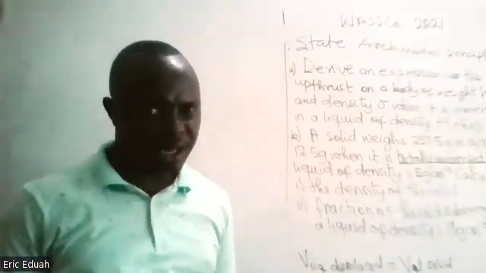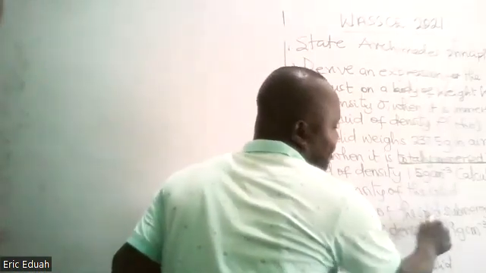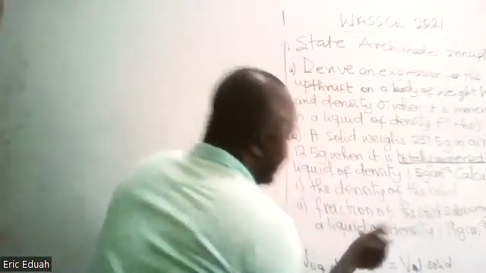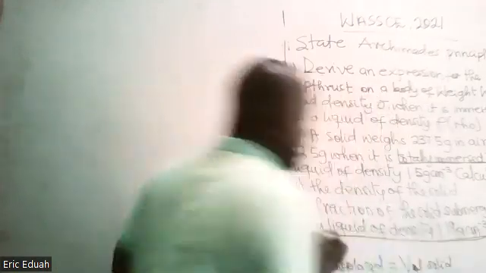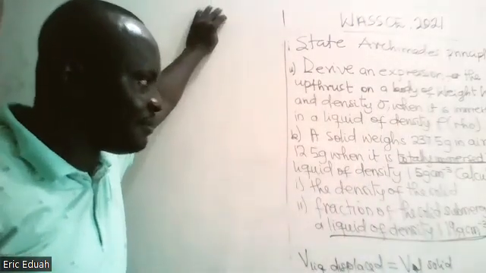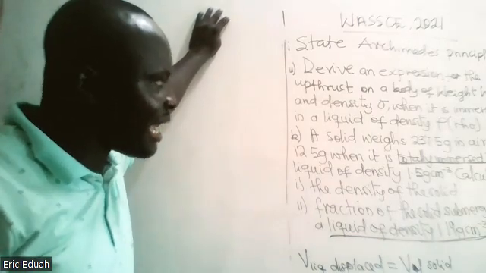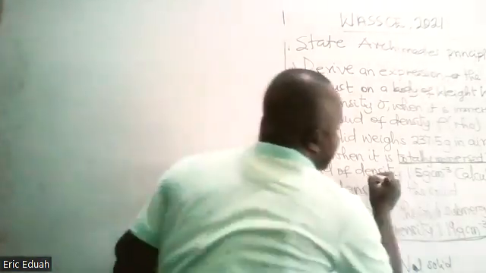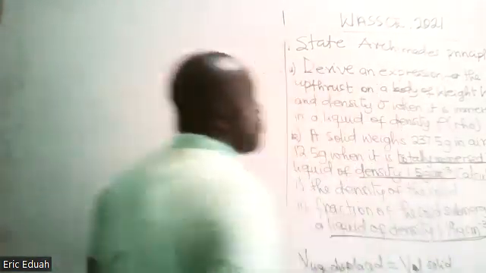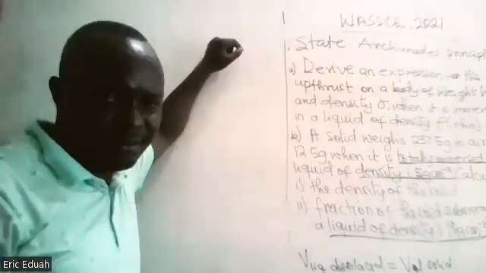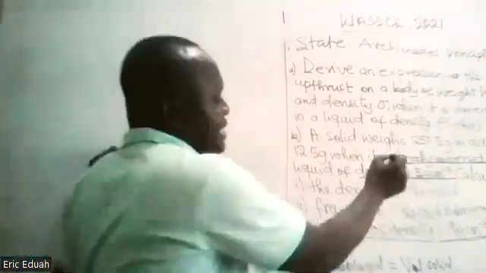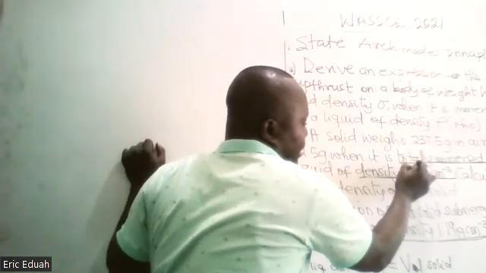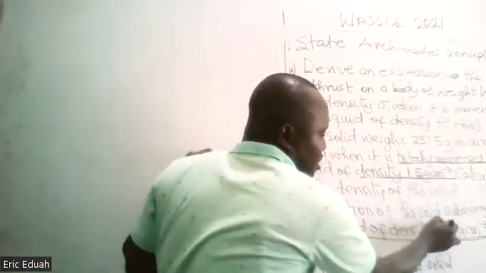Are we okay? Calculate the fraction of the solid submerged in a liquid of density 1.19. Earlier, the same solid was in a liquid whose density is 1.5. So the density of the old liquid is greater than the density of the new liquid.